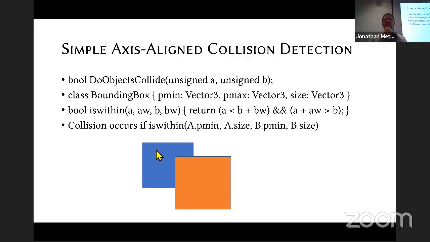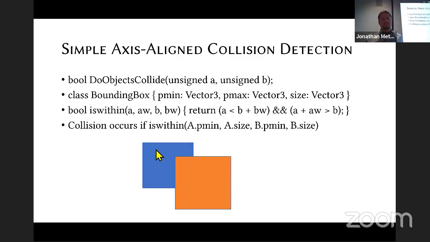In other words, you have a box, and it cannot rotate, right? So you have two X planes, two Y planes, and two Z planes that define the corners of the box. Okay, so if you have any two sides, if they overlap, if one plane on this box overlaps with the other object, then you know you have a collision.